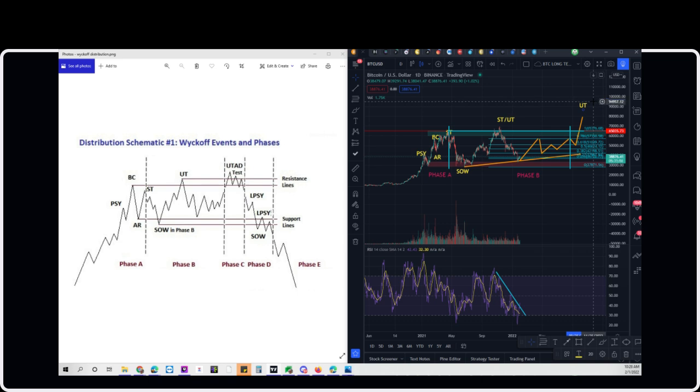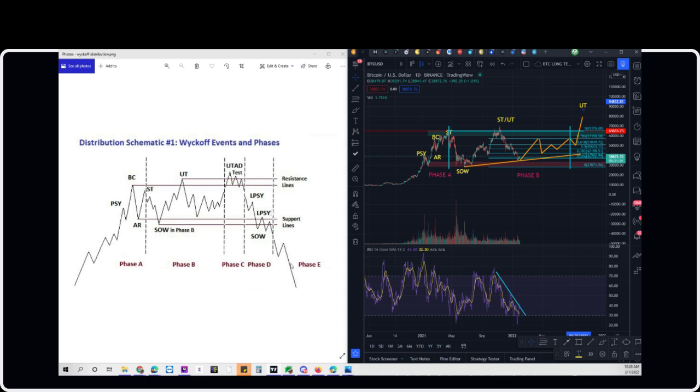Then you start getting the media outlets saying, oh, we're still going to 150, we're going to 180, and so on and so forth. And it becomes a bull trap. So I'm going to be very, very cautious after anything above 74, 75K, because the rest of that move over the course of a week, 2 weeks, is going to be an emotional push up, and it's going to trap a lot of people. And as you can see here, it's a roller coaster ride on down.